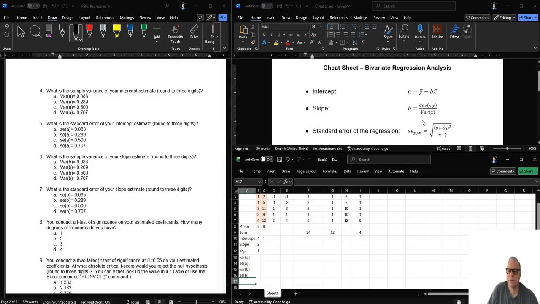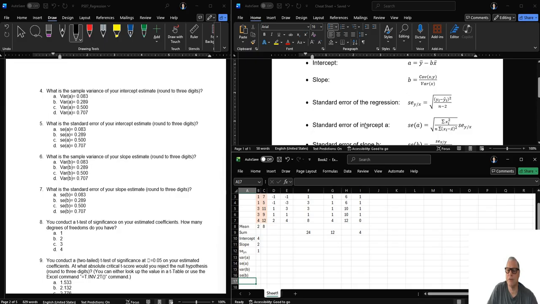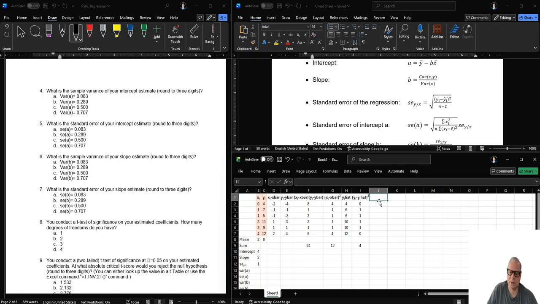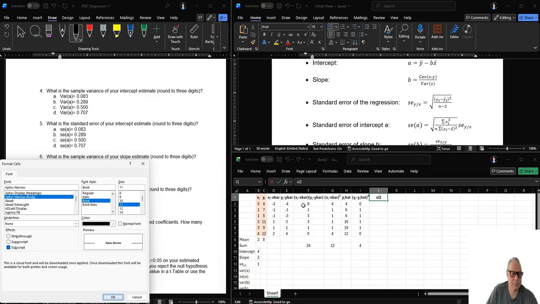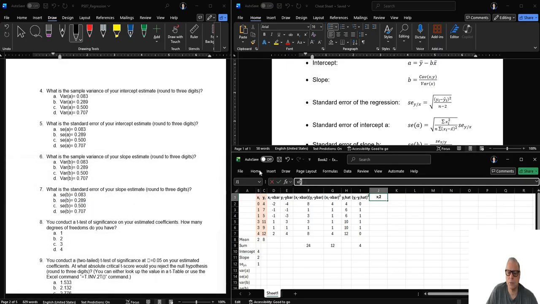So let's just focus on the formula now for the standard error of the intercept, and that is the sum of all the xi squared. So maybe let's create another column and call it xi squared, and the 2 goes up.